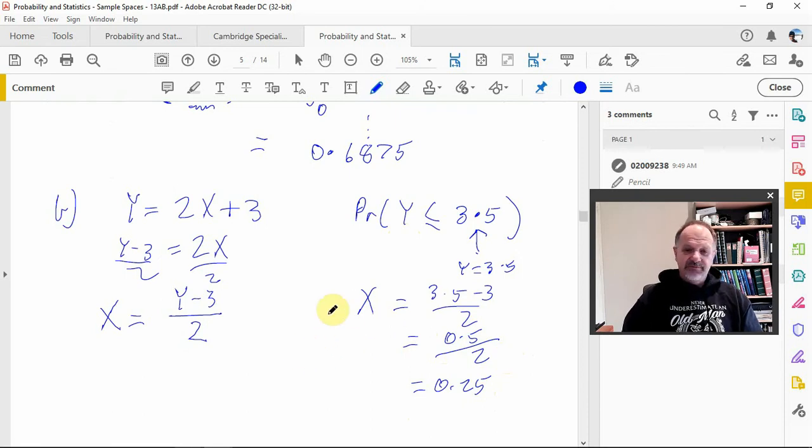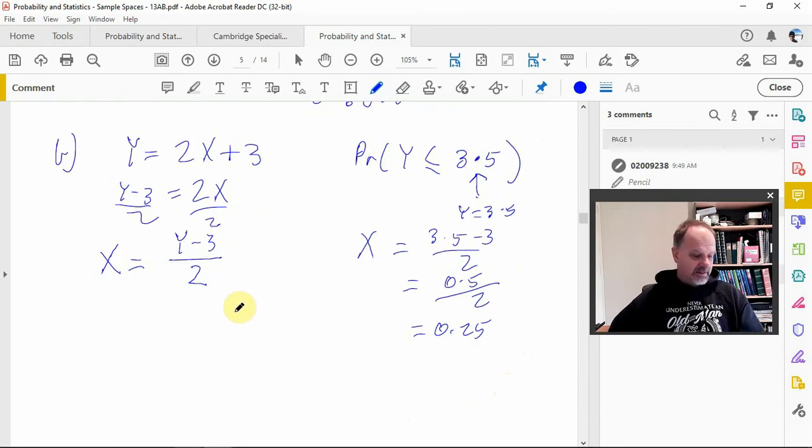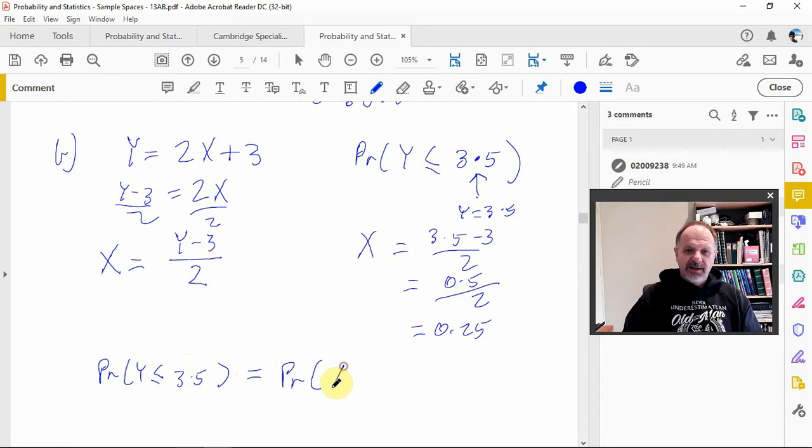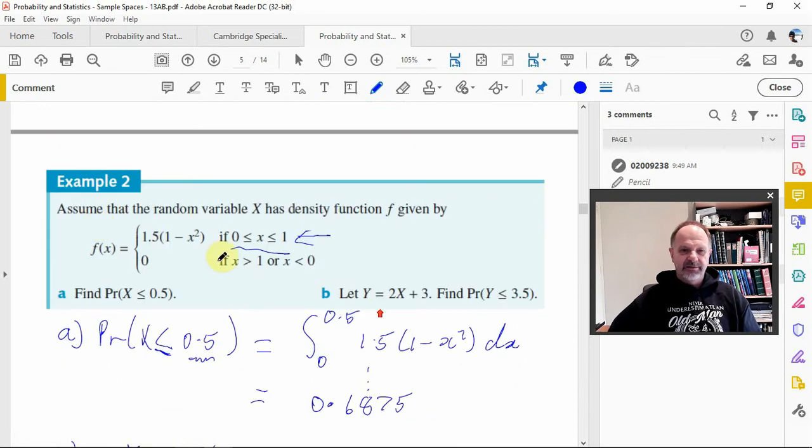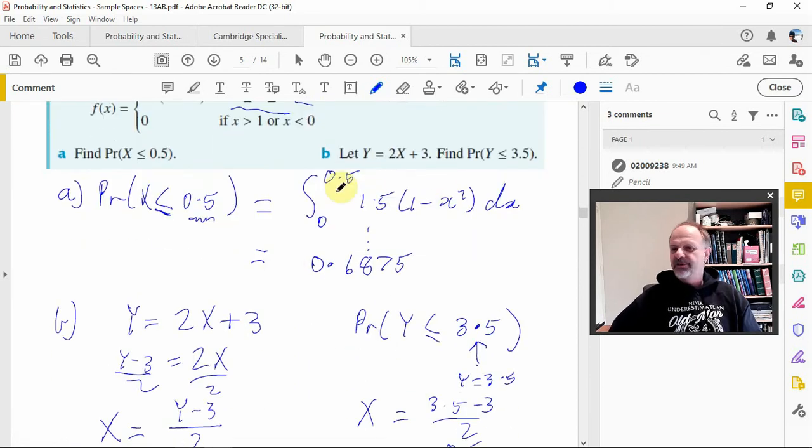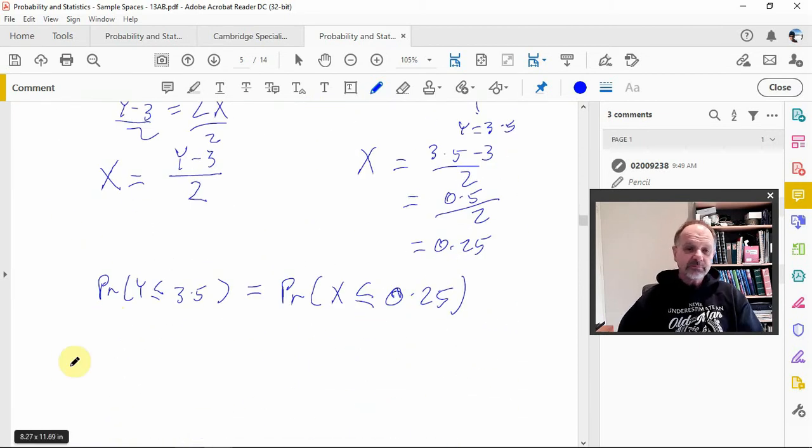So we can say that the probability that y is less than or equal to 3.5 is the same as the probability that x is less than or equal to 0.25. And we know the probability density function for x, there it is here. And so we just do another integral.